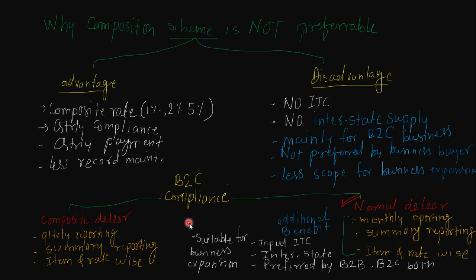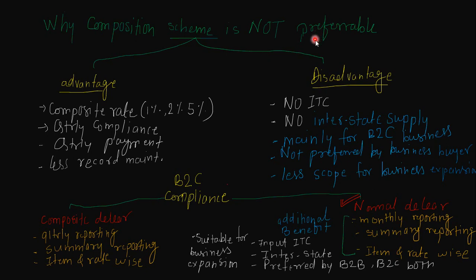If you expect your business to grow to the next level, then you must go with normal registration and avoid registration under the composition scheme. This is my opinion, and from these advantages, disadvantages and reporting points of view, we came to the conclusion that the composition scheme is not preferable for a business in the long term.